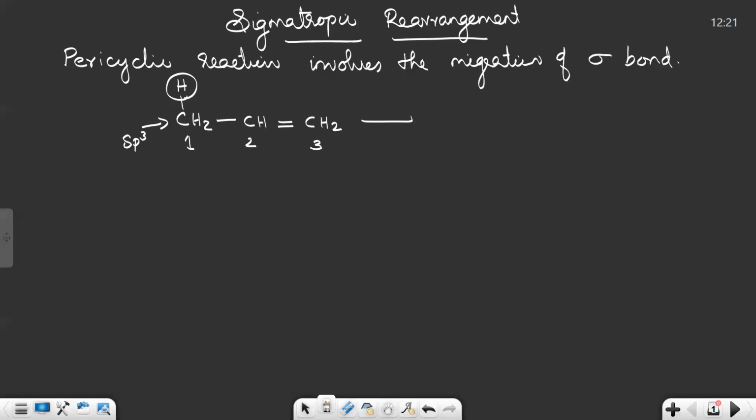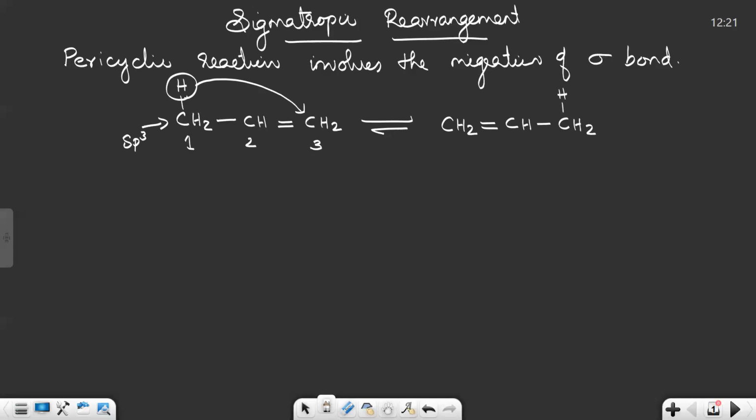On heating, the rearrangement takes place in such a way that the hydrogen atom or the group present on the first carbon will migrate to the third carbon, and a new bond will be formed between hydrogen and the third carbon. The resulting compound will be CH2 double bond CH CH3.